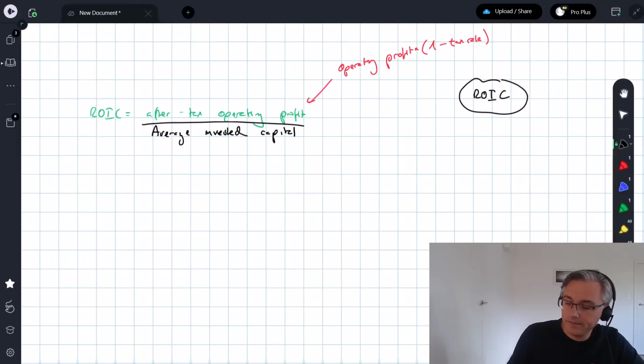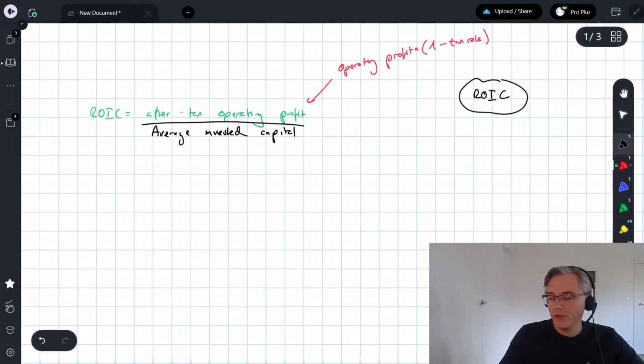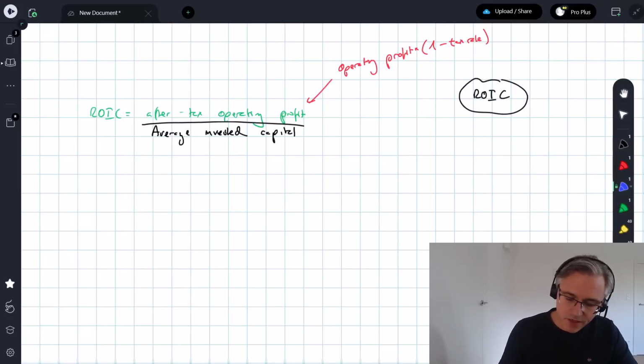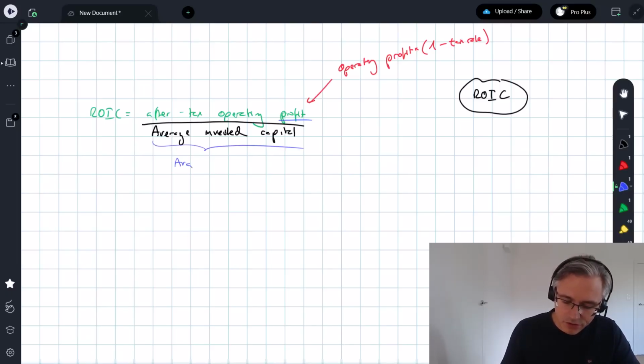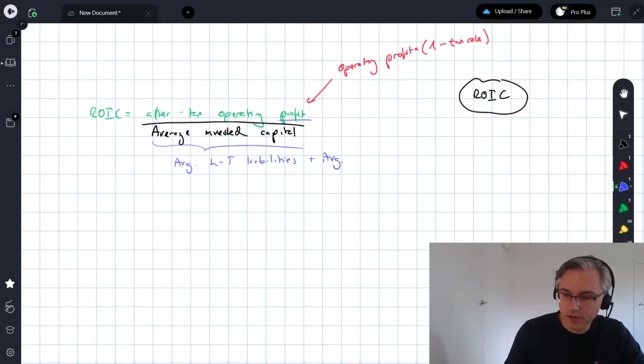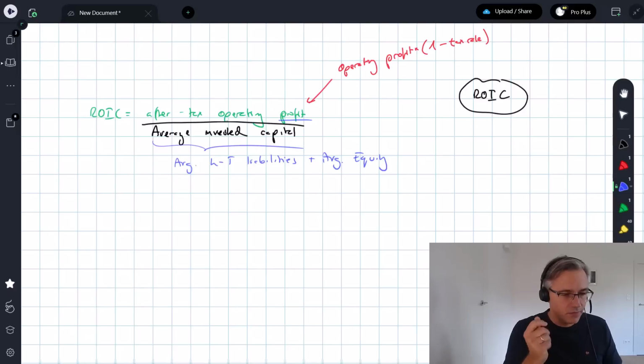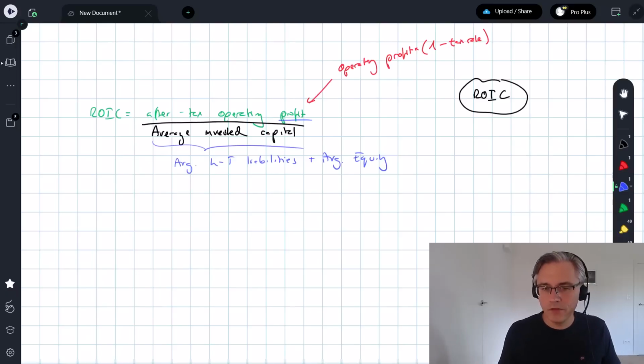Now, I'm not going to solve an example with you for what's in the denominator here, because there's an example in your book and it's really simple. You just have to take the profit for a period, like a year, and relate it to the average of long-term liabilities and the average amount of equity that the company was using. So you'll be given beginning of period and end of period figures, or end of one period, end of another period figures, and just compute the average of them.